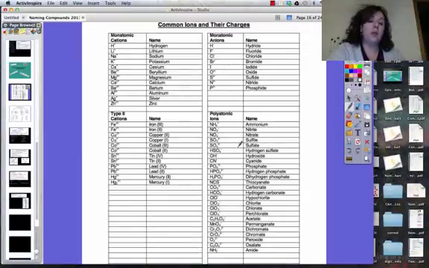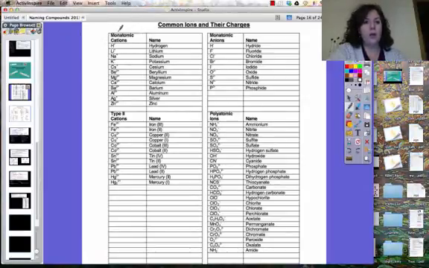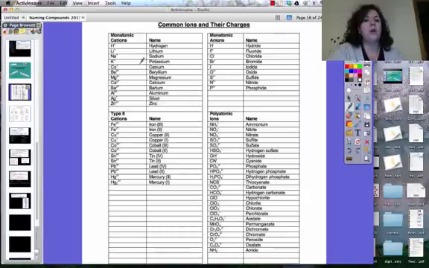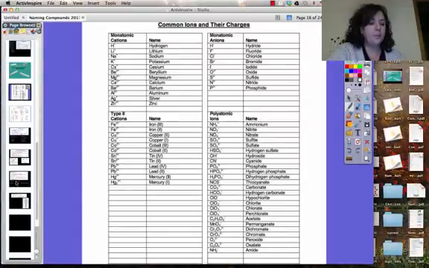It has a possibility of having more than one charge. So you have to look at that. The ones that always have the same charge are up here. Those are the monatomic ones. So you can always look at these, the monatomics. But your polyvalent ones are going to be sitting right here.